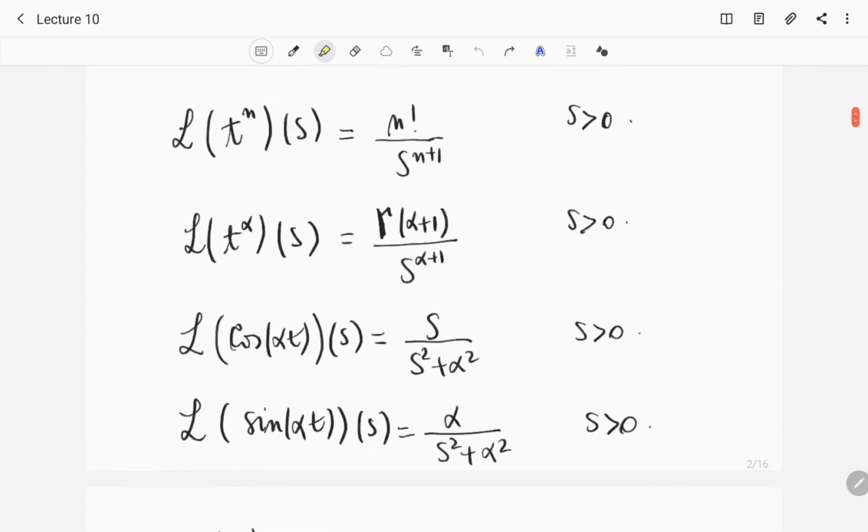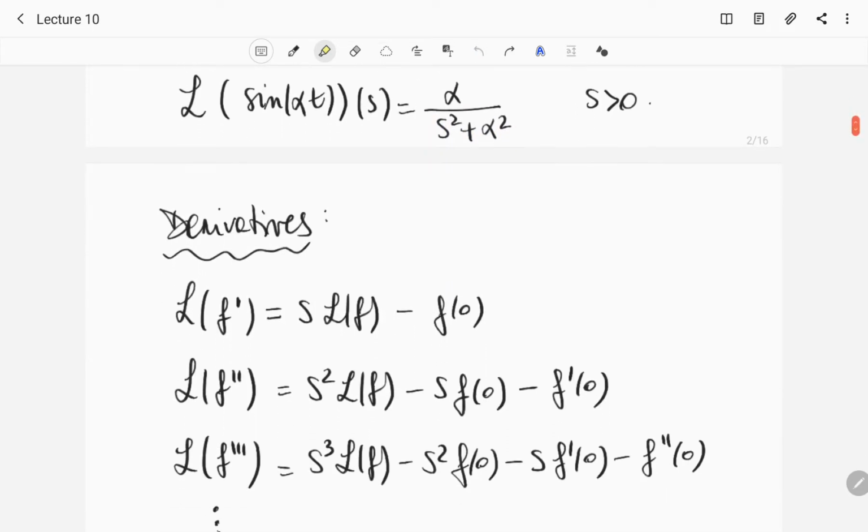Then using Euler's formula and properties of the Laplace transform such as the definition and the linearity, we also got the Laplace transform of the cosine of alpha t and sine of alpha t, being these two guys here.